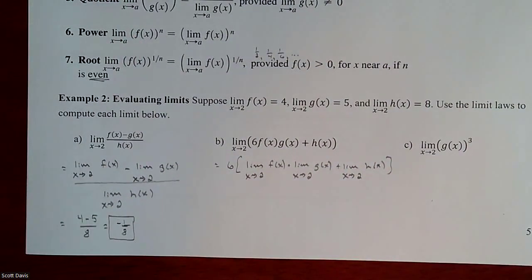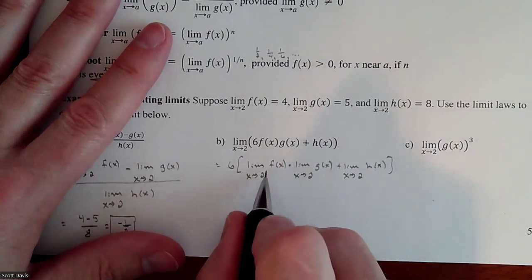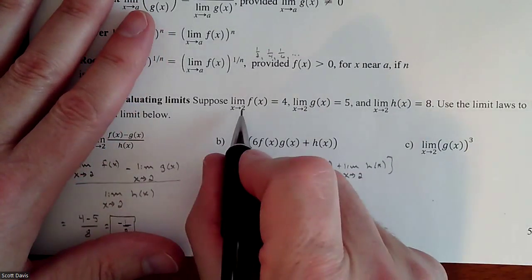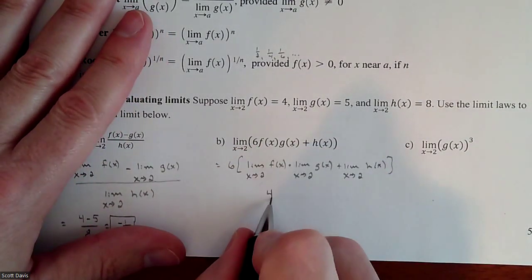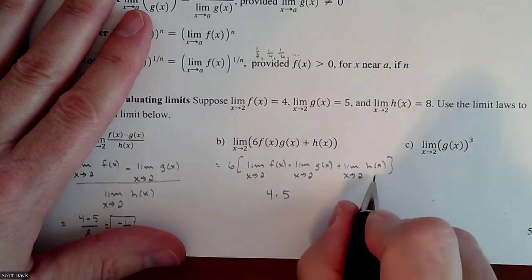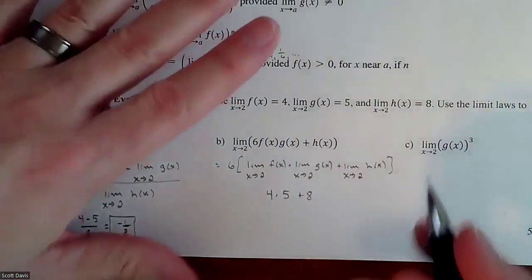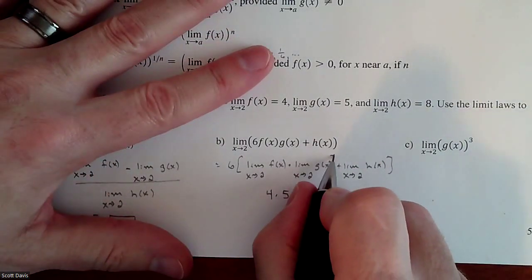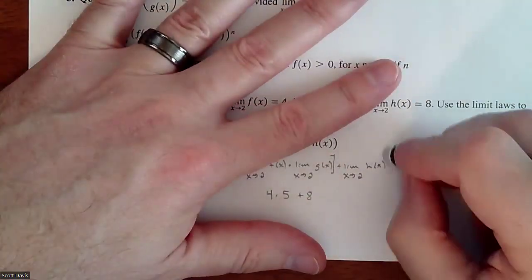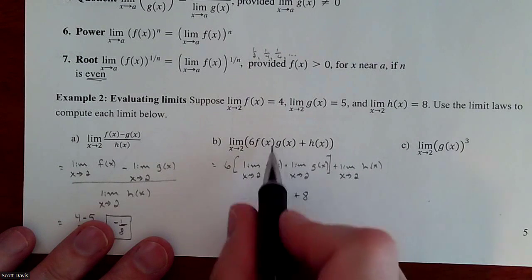Let me put the bracket here, because the 6 is only applying to the f times the g.